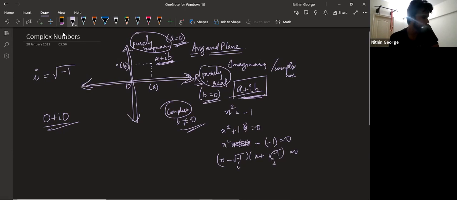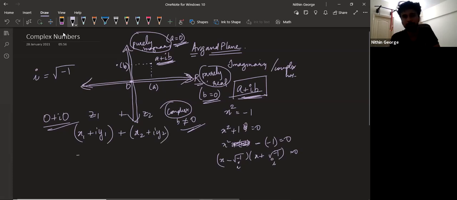Then you know the algebra, right? If you add two complex numbers, we'll denote them with z. z1 will be x1 plus iy1, z2 is x2 plus iy2. You know how to add them?